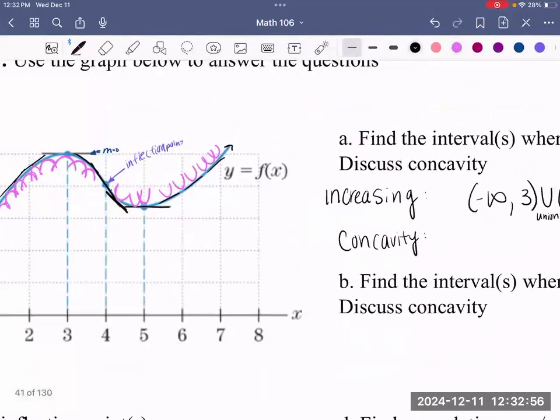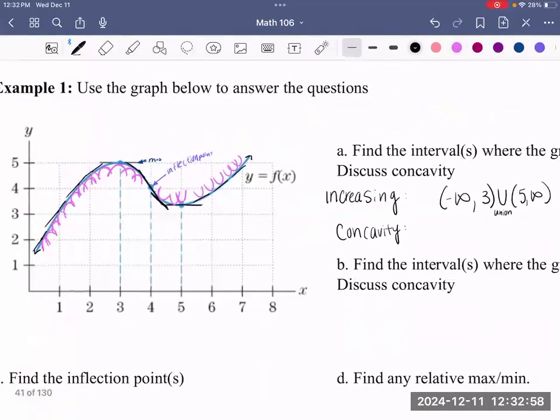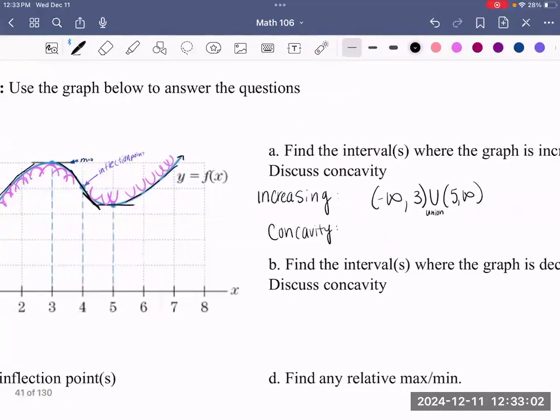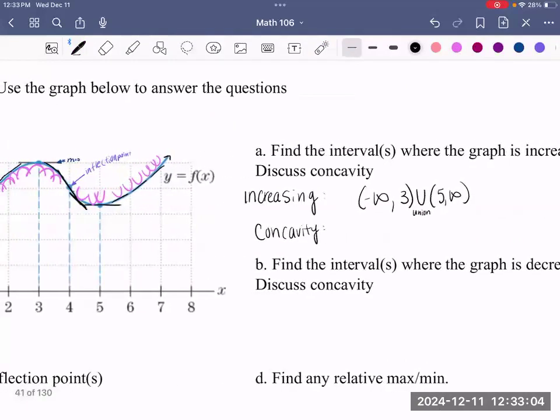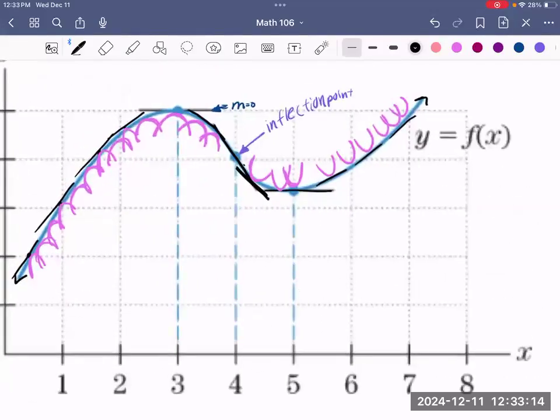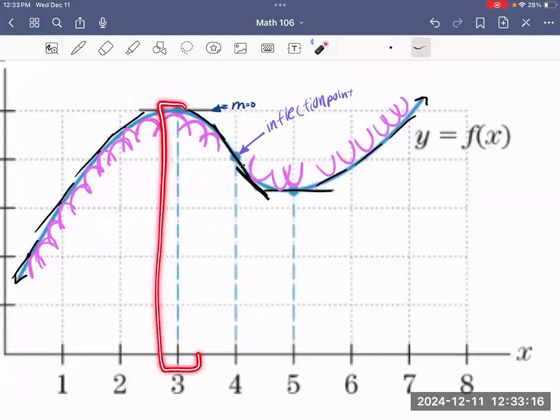So concavity here, over the intervals, for your increasing, let's see how I wanted to say that, is down from negative infinity to, not so much at 3, because at 3, we're still concave down.